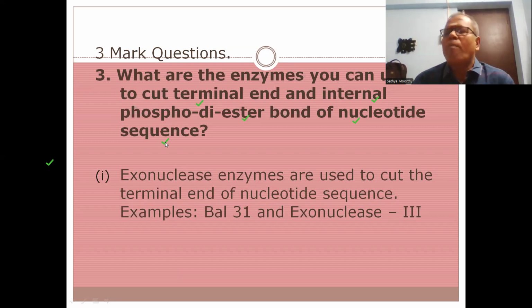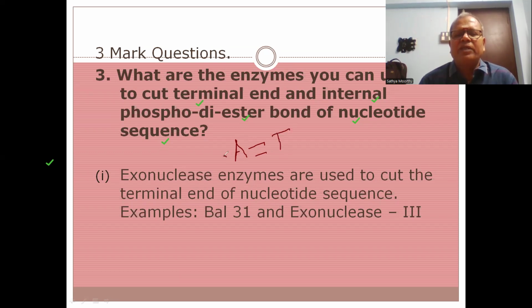Nucleotide is the nanoparticle of life, and nucleotide is a combination of nitrogenous base, sugar, and phosphate. Adenine always pairs with thymine with the help of 2 hydrogen bonds.